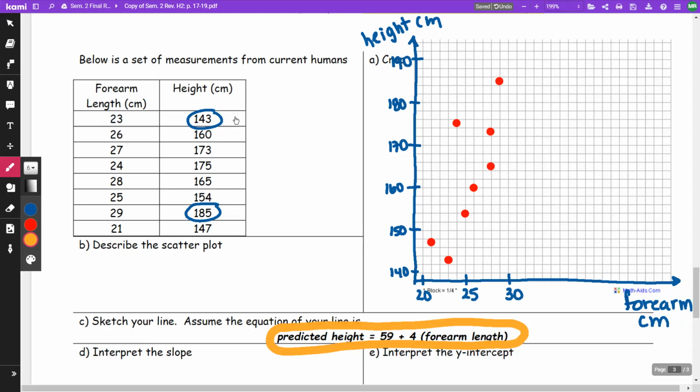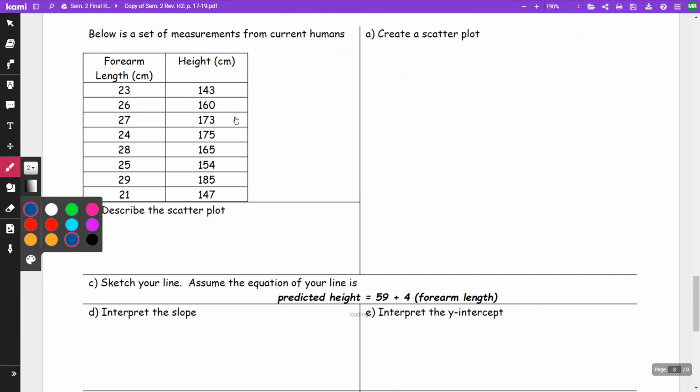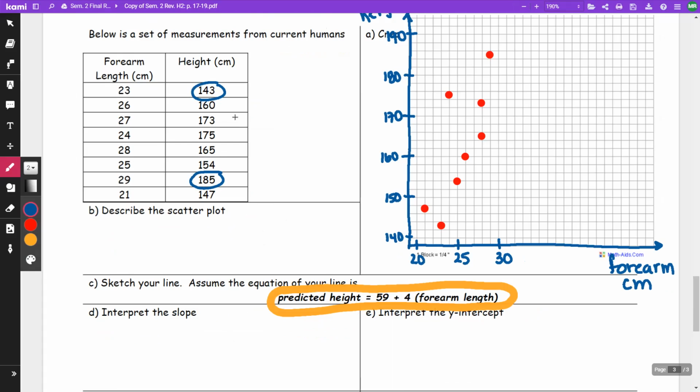Let's say that I put into this equation a 20. So that would be 59 plus 4 times 20. So that's 59 plus 80. So that's going to be 139.